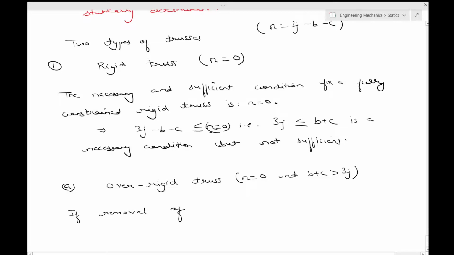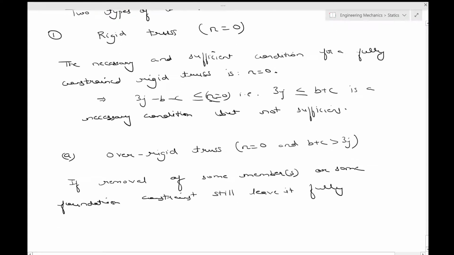Okay, a truss is called over rigid if the removal of some members, it can be one member also, or some foundation constraints, still leaves it a fully constrained rigid truss.